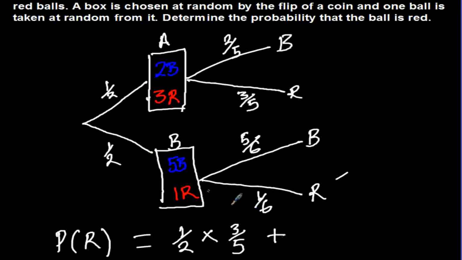Or you can get it from bag B, which is a half for selecting bag B, and then 1 over 6 for getting the red ball out of that bag.